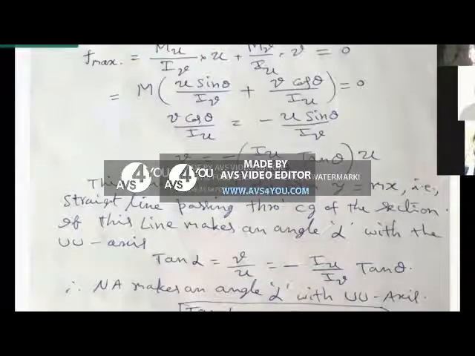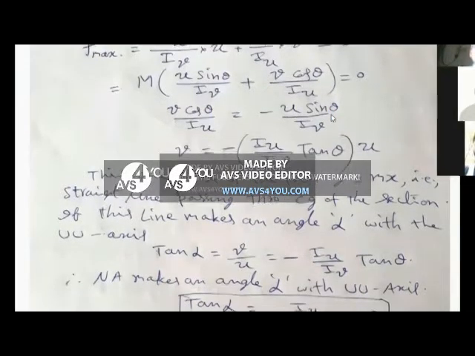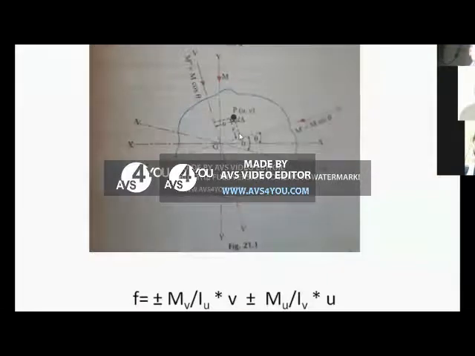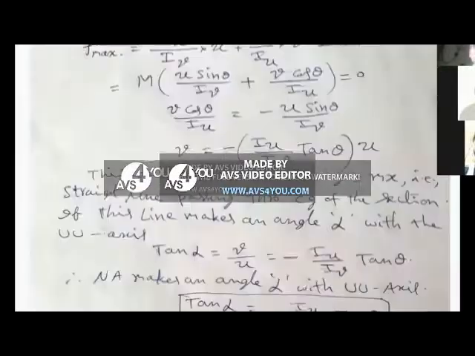Okay. Now these v and u, if you observe the previous diagrams, what is v by u? v is the distance from the uu axis and u is the distance from the vv axis. If you call this slope alpha, v by u is tan alpha.